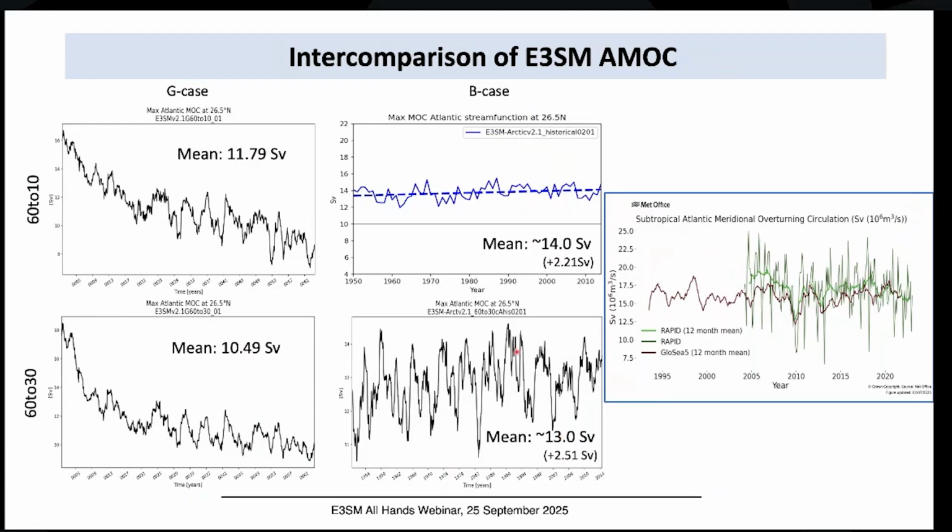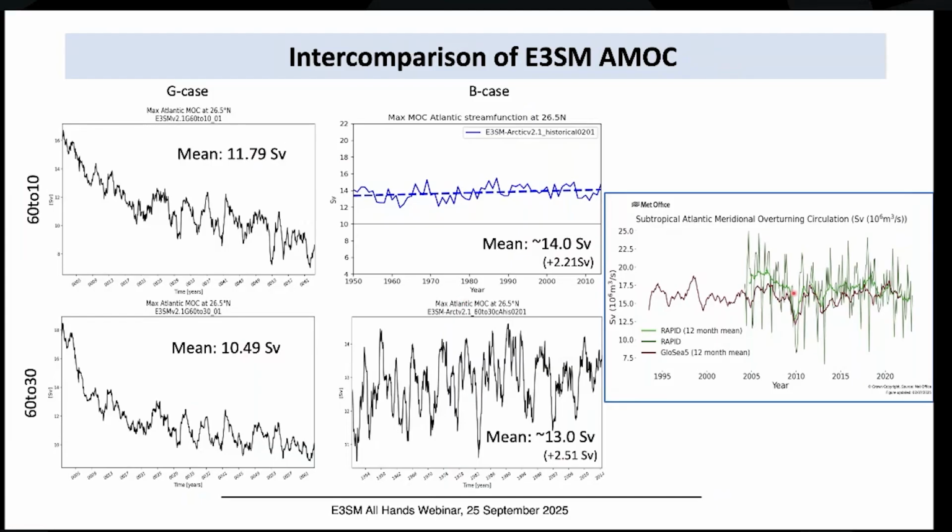So the message I'm trying to communicate here is that if we go with the E3SM AEROSI configuration to a fully coupled B-case, we may expect that from 15.5 Sverdrup currently, we can go another 2.5 Sverdrup more. So we'll be roughly about 18.5 Sverdrup for the AEROSI. That's at least the expectation for the B-case.